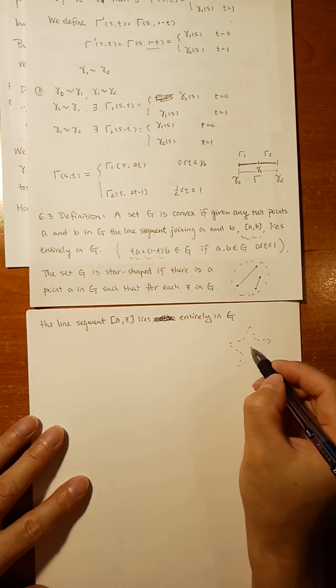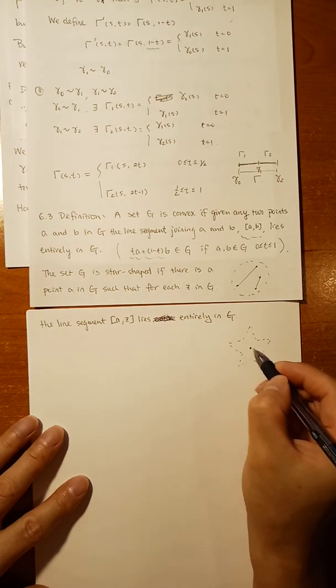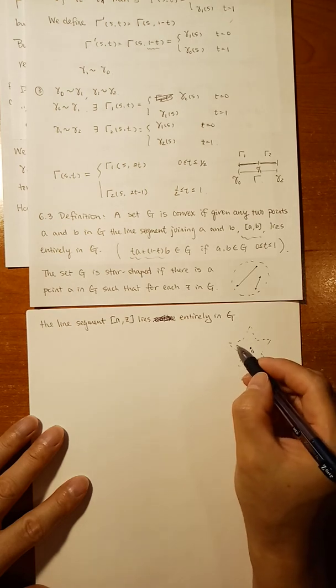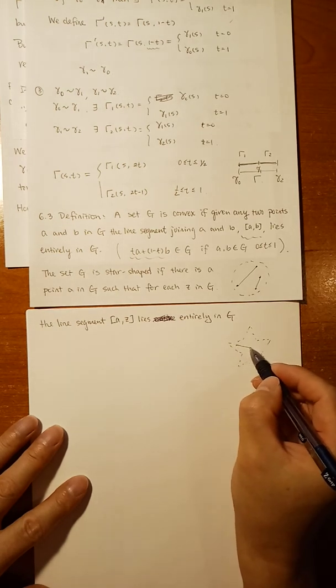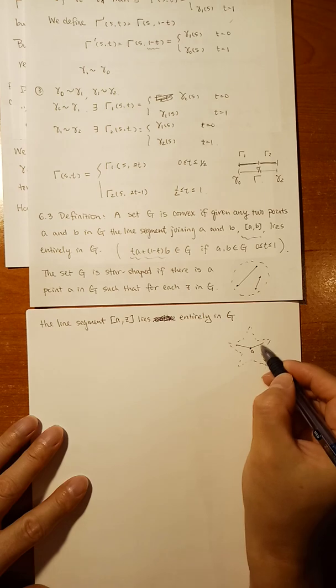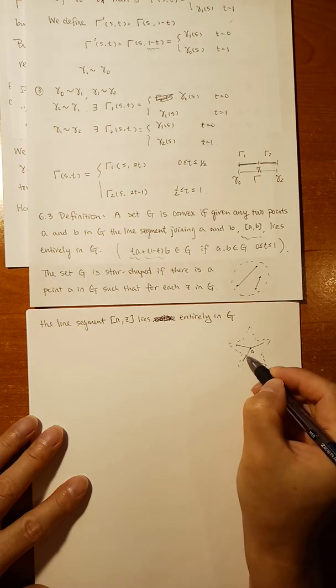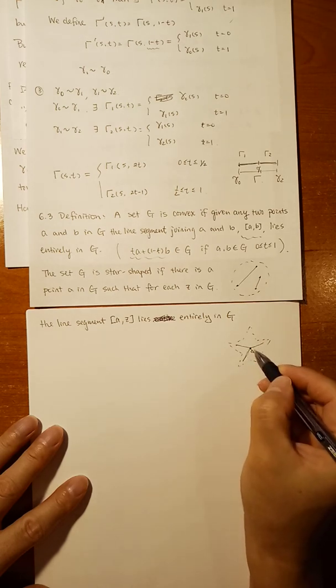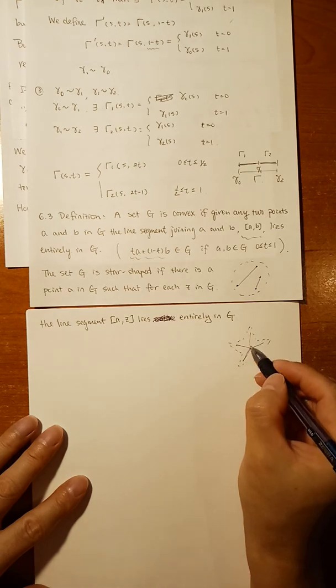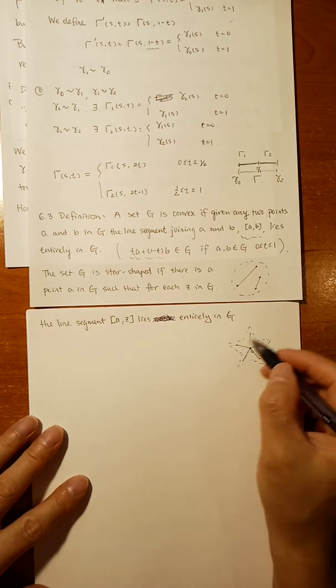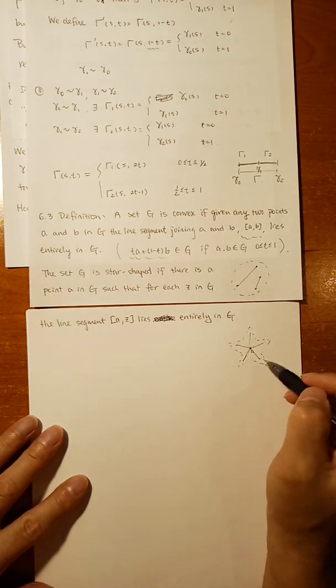You actually have one special candidate, A. Every other point will be joined to this A. If this segment always belongs to the set G, then this is called star-shaped. It's really like a star.